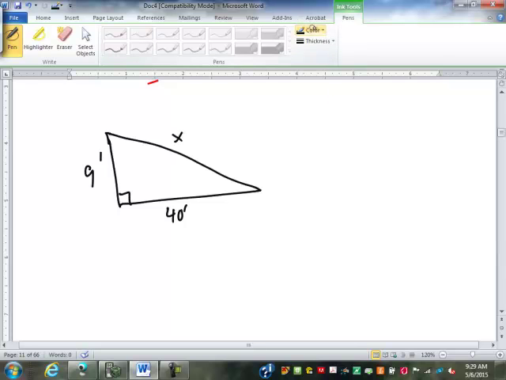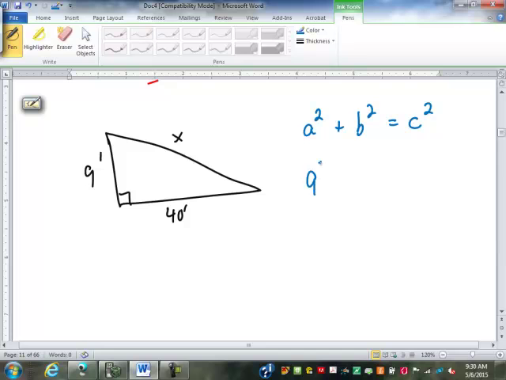If I asked you to find side x in this triangle, what would we do? Well, if x is... add 9 and 40. Got the right idea. There's one little piece yet. Isn't it a squared plus b squared? Yep.